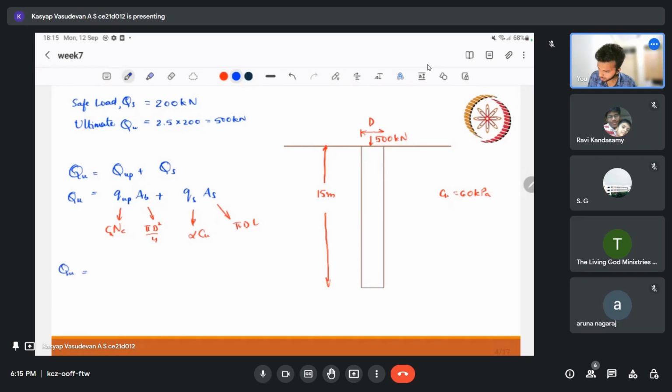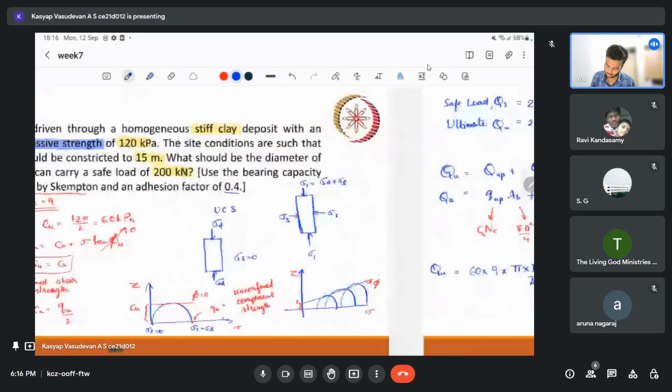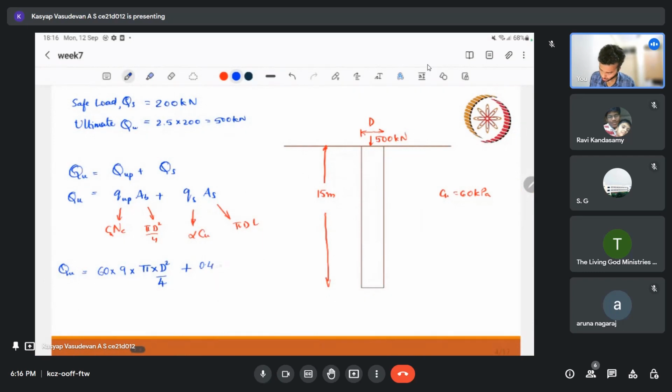Qu is equal to Cu, which is nothing but 60, Nc will be 9, and Ab will be pi into d square by 4. D, let us keep it as a variable. And alpha, the adhesion factor given in the question, is 0.4, into Cu, which is 60, into pi d into L, which is 50.